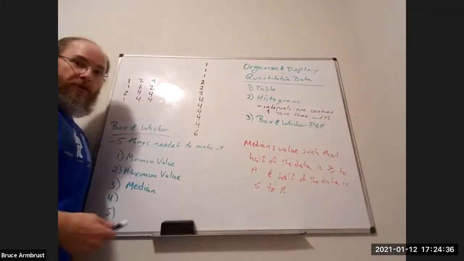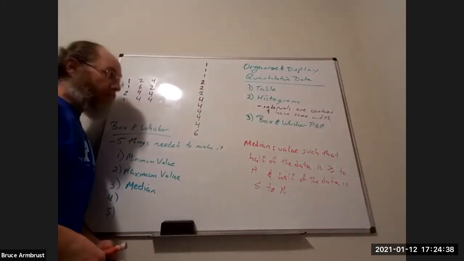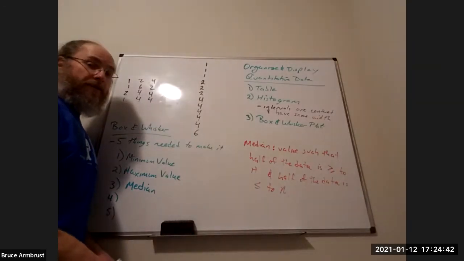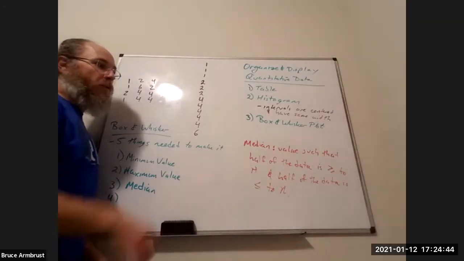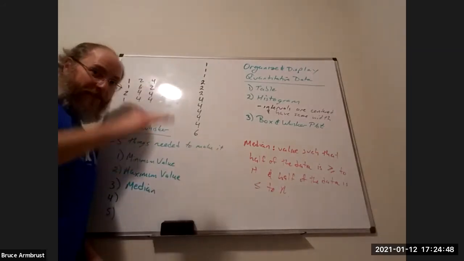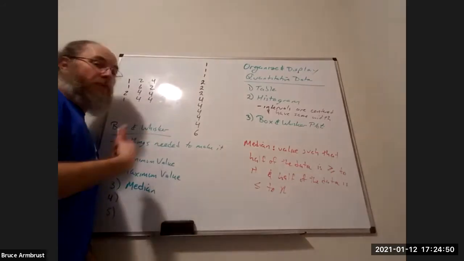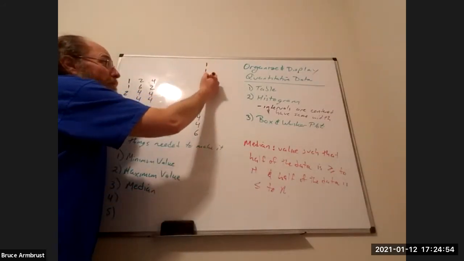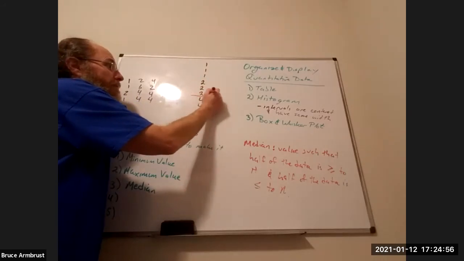So there were our 12 data points. Since I have 12 data points, for the median, I need 6 above it and 6 below it. So I'm going to come down our list 6. So 1, 2, 3, 4, 5, 6.